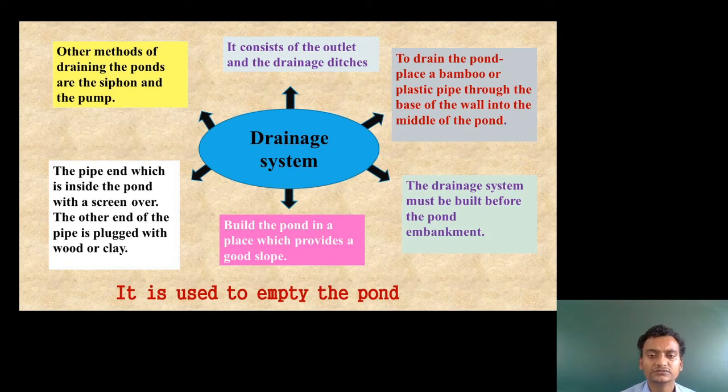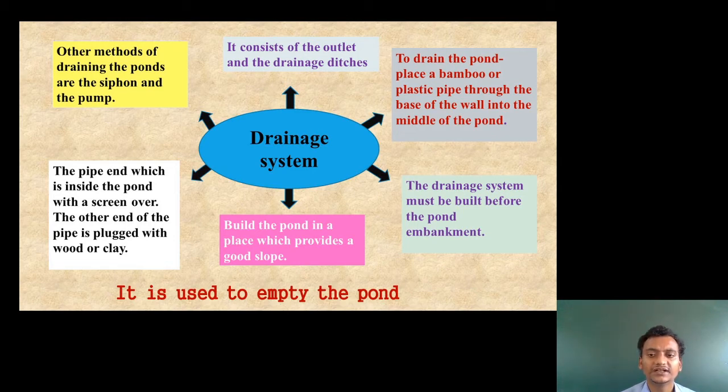For the active functioning and best productivity of the pond, a drainage system is very essential. The drainage system is used to drain or dry the pond. It consists of an outlet and draining ditches. To drain the pond, place bamboo or plastic pipes through the base of the wall into the middle of the pond.